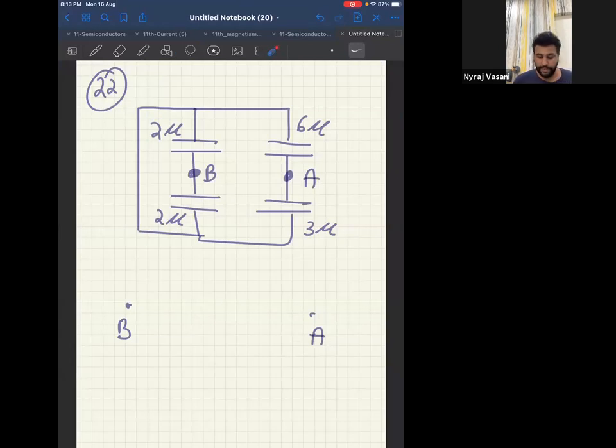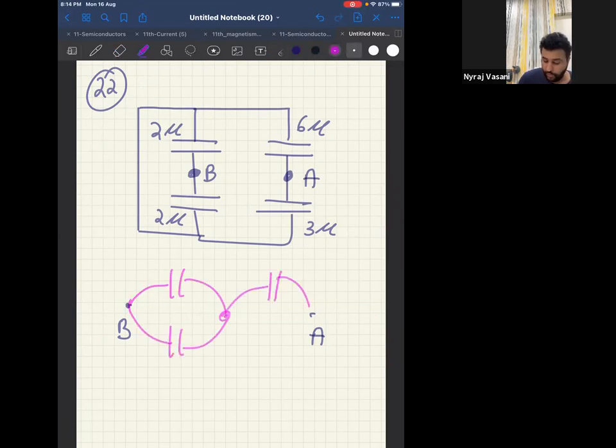Now look at this. If I keep my point B over here, I'll write with this only. I can say this is my 2 microfarad. Even here it is my 2 microfarad. Over here it is 6 microfarad. Over here it is 3 microfarad.